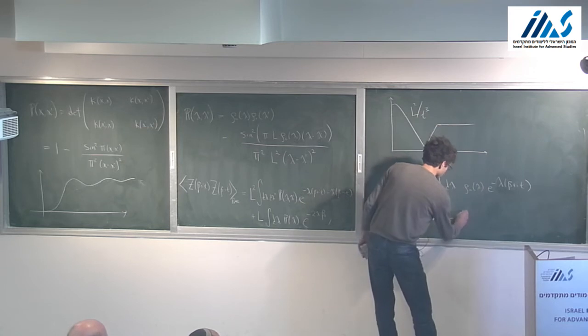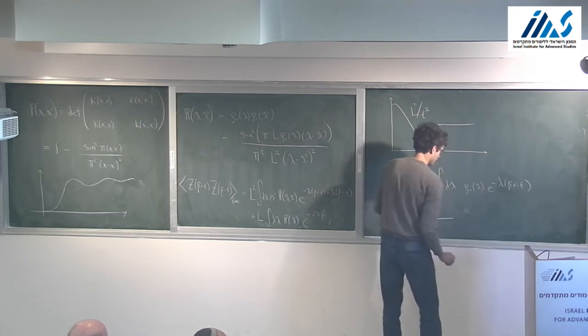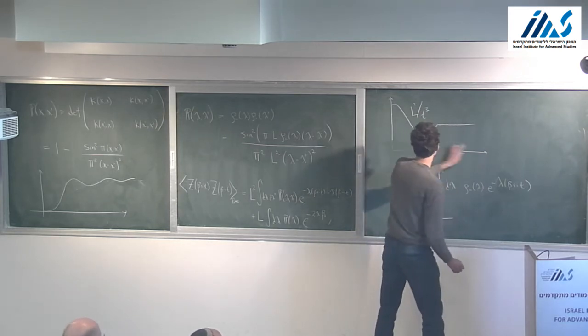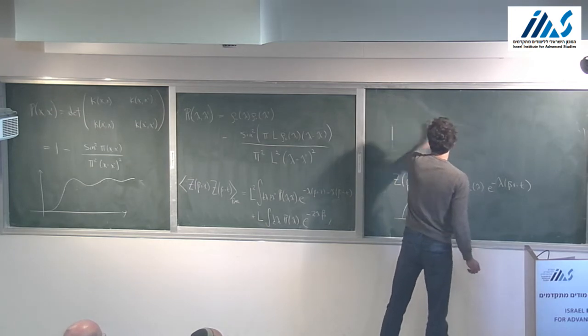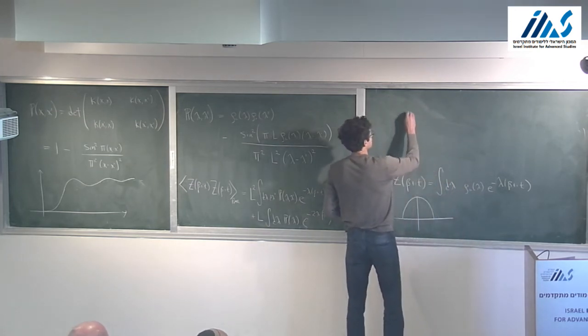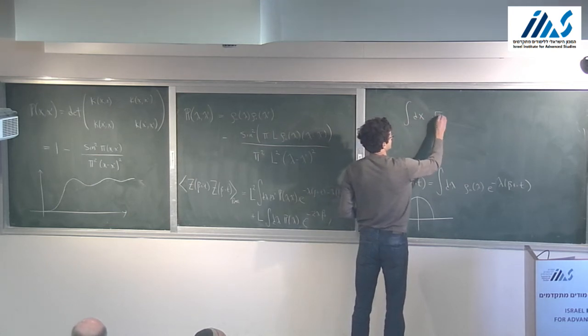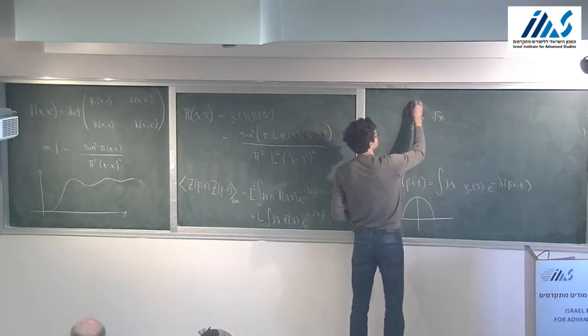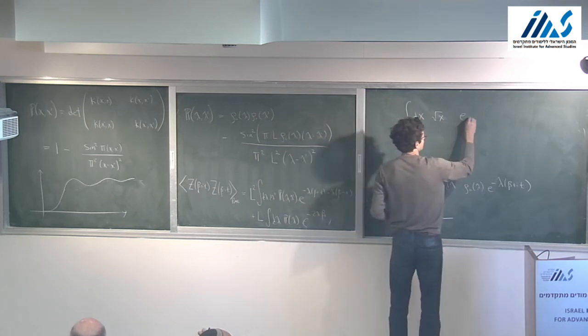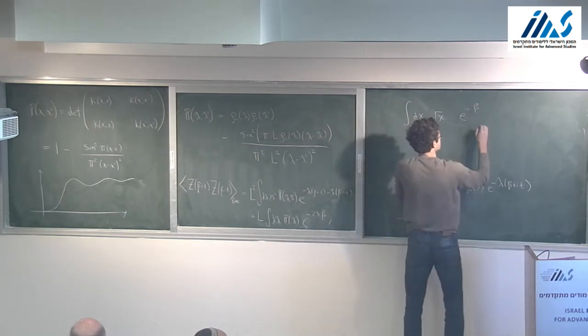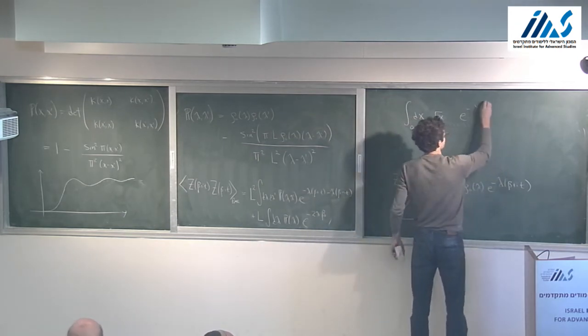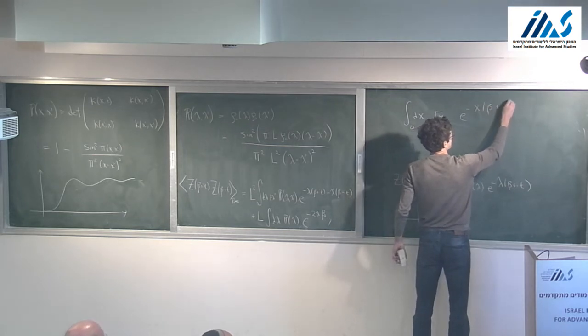So we have an integral that looks like, well, I'm running out of space there, so let me write it up here. We have an integral that looks like, I'll use x instead of lambda, x times square root of x from 0 to some upper limit of e to the minus beta times e to the minus x times beta plus it.